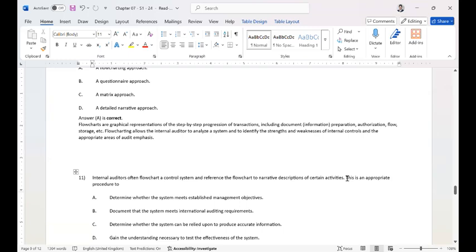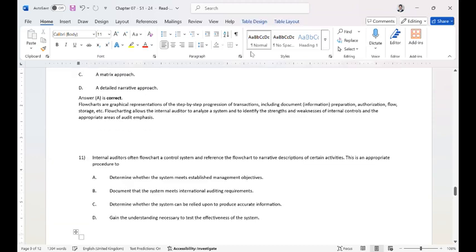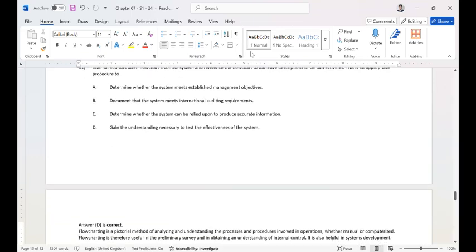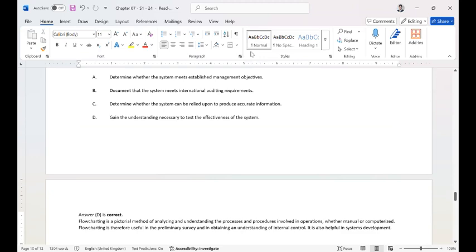So you can't put everything in the flowchart. So you give references to narrative description. Every control sometimes cannot be mapped or illustrated in a flowchart. What is the answer? Yeah. Can you read the answer?